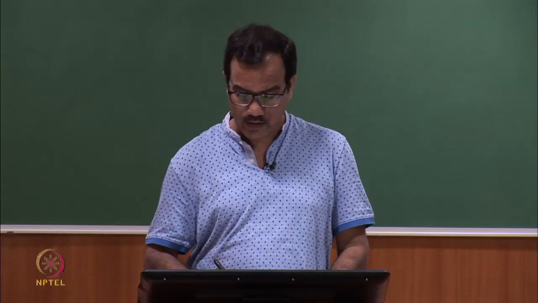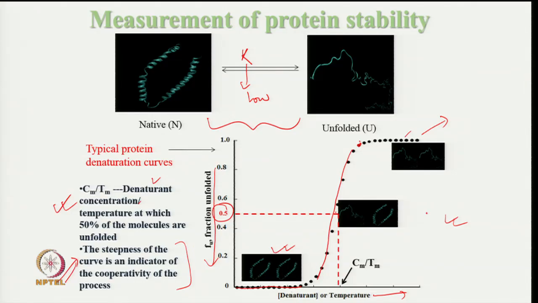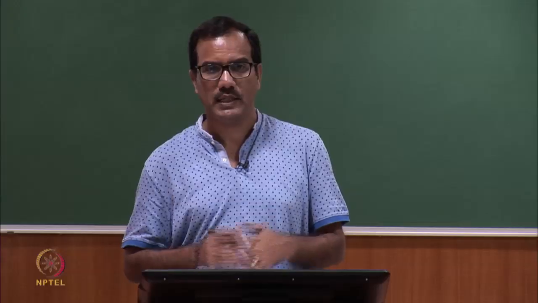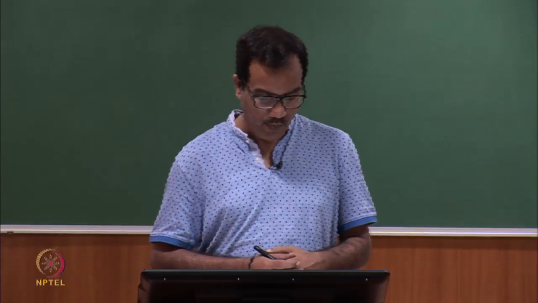If the slope is like this, not very steep, then there is a chance of intermediates being present between native and unfolded states, and then the process is not called cooperative.